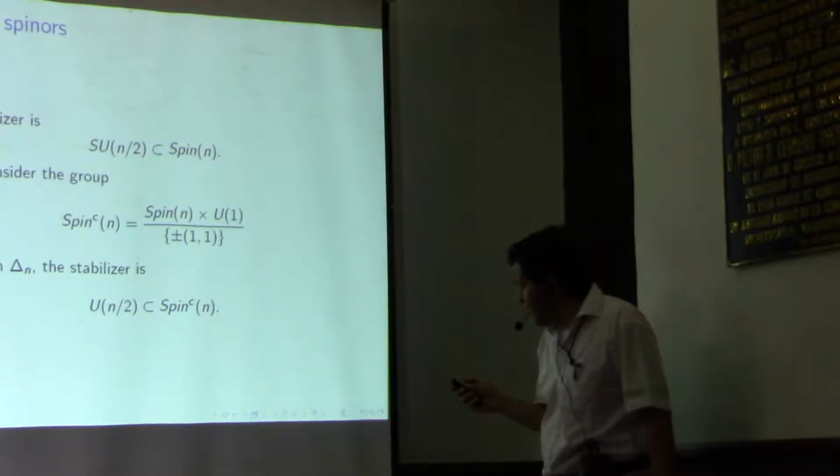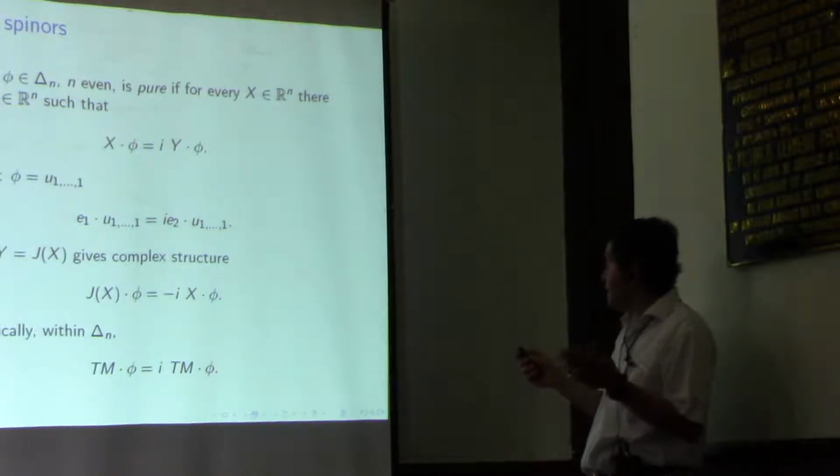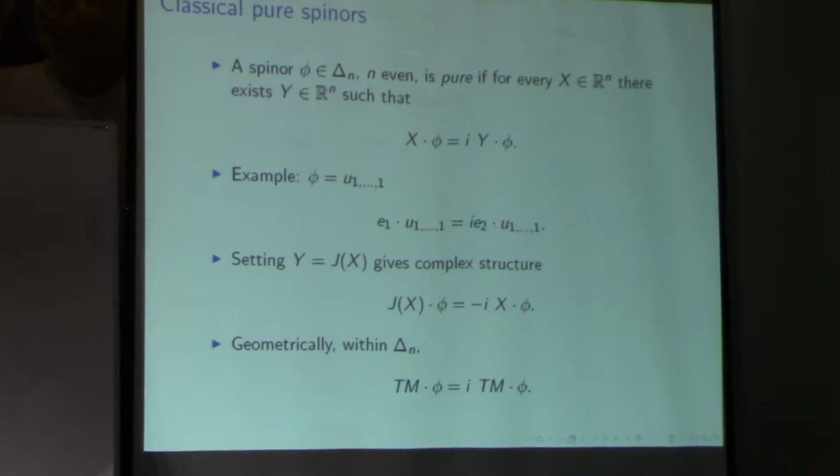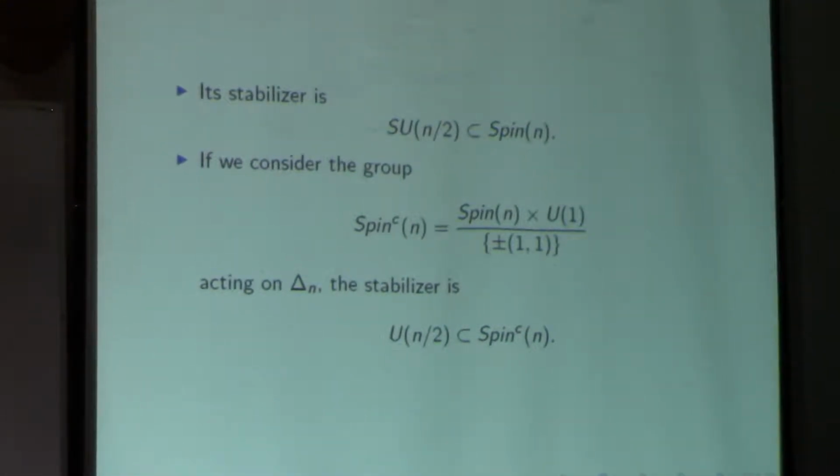Okay? Now, as Cartan defined it, these type of spinors have a particular stabilizer, which is a special unitary group, which from the point of view of holonomy corresponds to special Kähler or what is called Calabi-Yau manifolds.